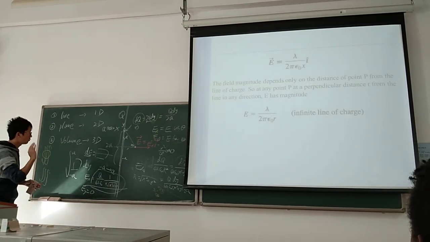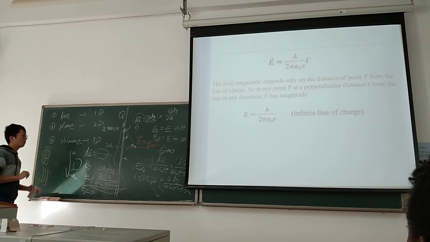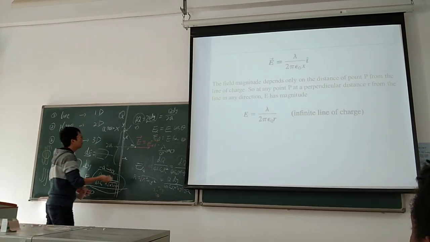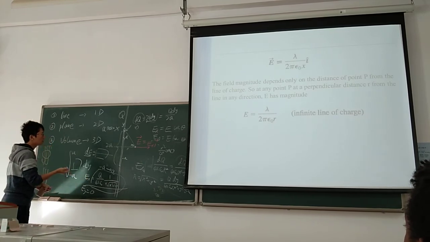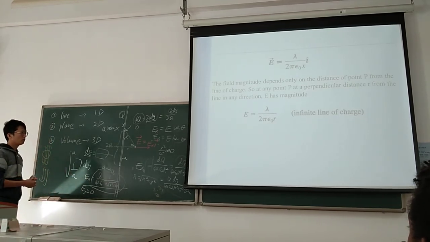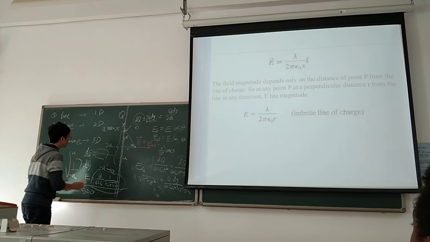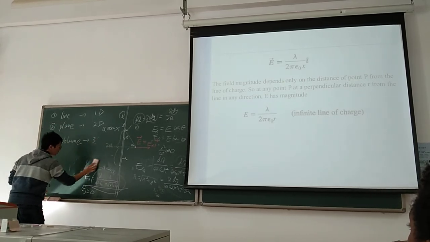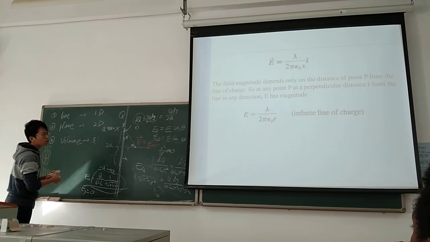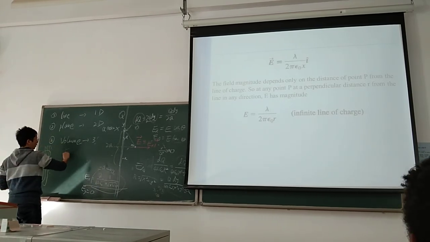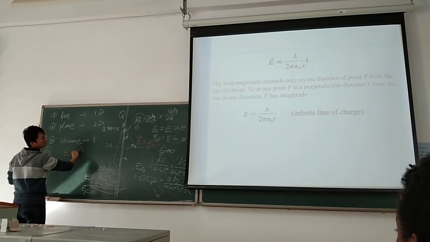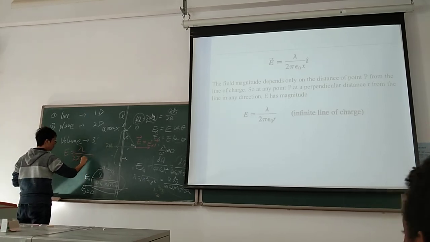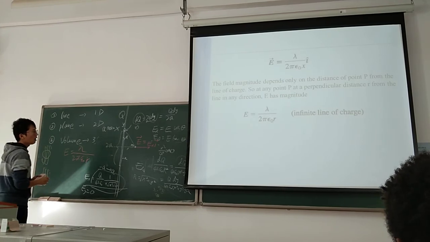The electric field at a distance x from an infinite charged line, the electric field due to this infinite line, equals lambda over 2 pi epsilon 0 r.